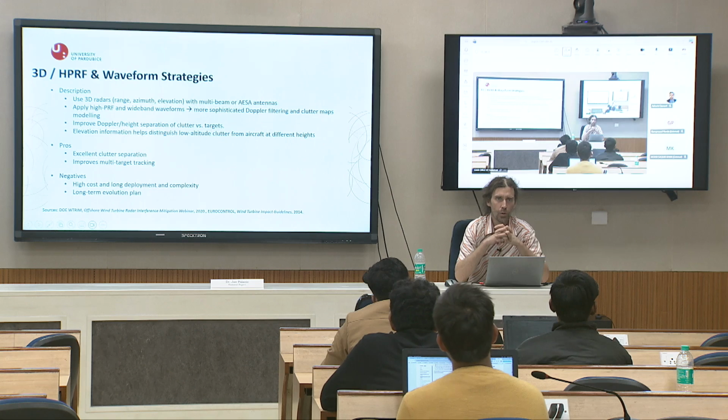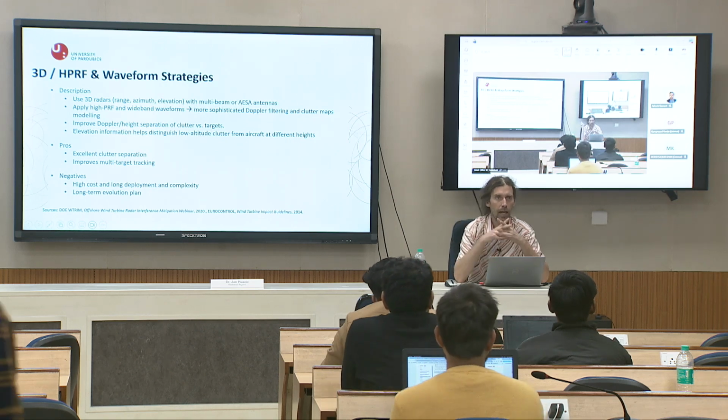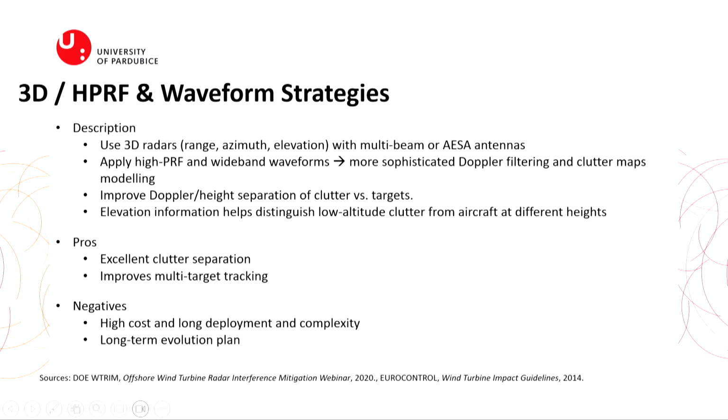But I need good resolution in Doppler, which means high PRF. It improves Doppler and gives high separation of clutter and targets, because you will detect these targets by multiple beams, so you can then easily separate them. But when I say easily, it does not mean it is easy. I can separate it, but it is relatively hard.